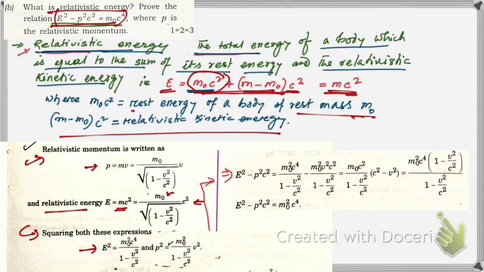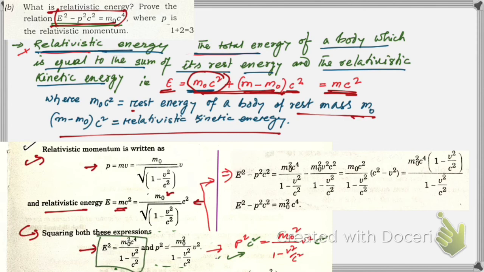Let me clean this. First we multiplied c square on both sides. So if you see this equation, p square is equal to m naught square by 1 minus v square by c square, then again v square. I have multiplied c square here and here also. Then this is subtracted from this equation.